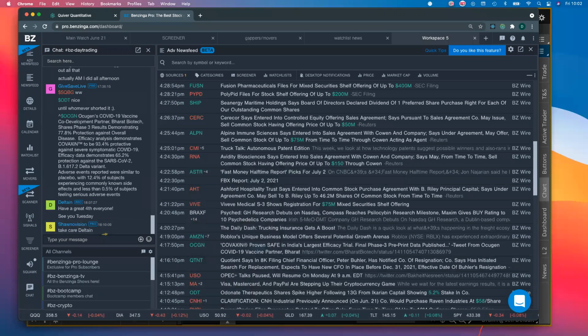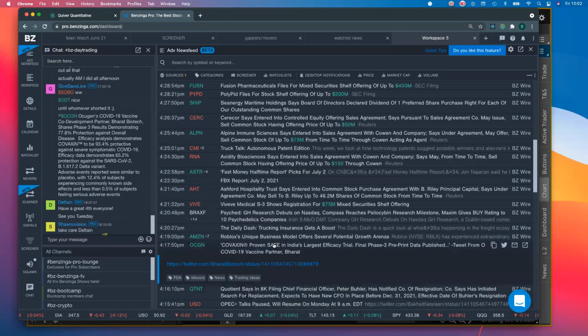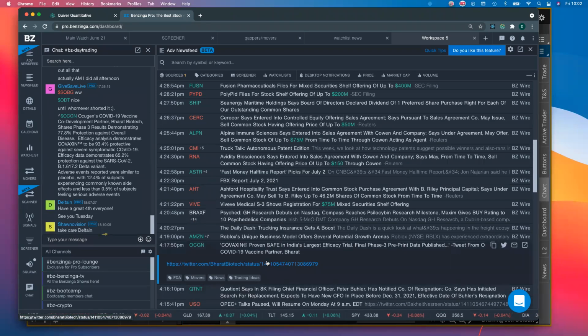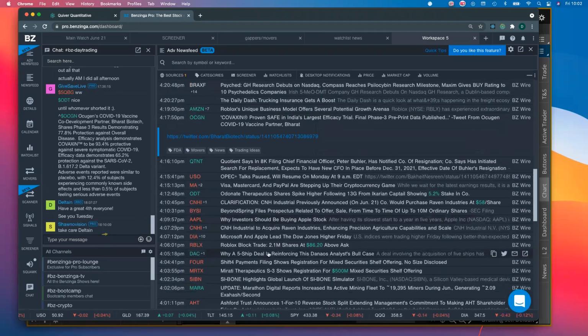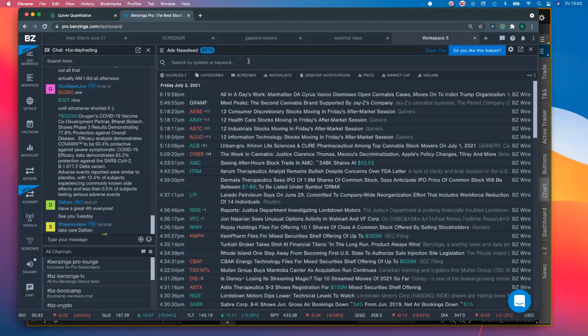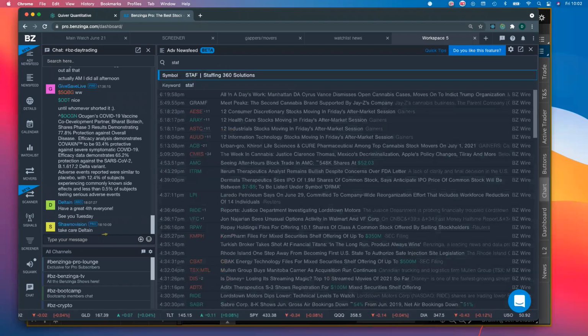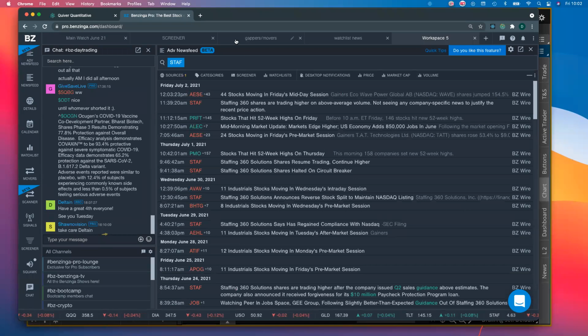OCGN, one of the reasons why it started moving up today: proven safe in India's largest efficacy trial, the final phase 3 preprint data published. You can click on the news item and go and check it out for yourself. If you have any tickers that you are interested in, like why is one moving, like when STAF started trending, it's gonna print it out over here.